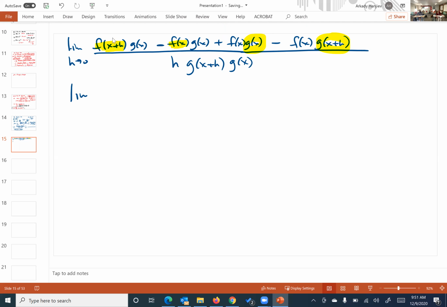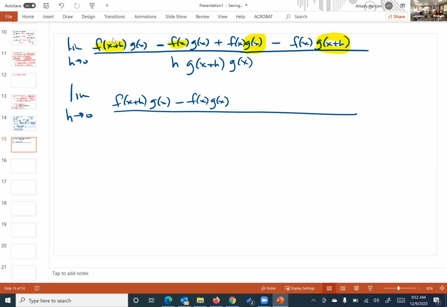So, limit as h goes to 0. This I like. This one I'm going to do like this. I'm going to put a minus sign here, and then I'm going to have this guy go first. We want to make it into our limit for g prime of x. That's where we're going with it.